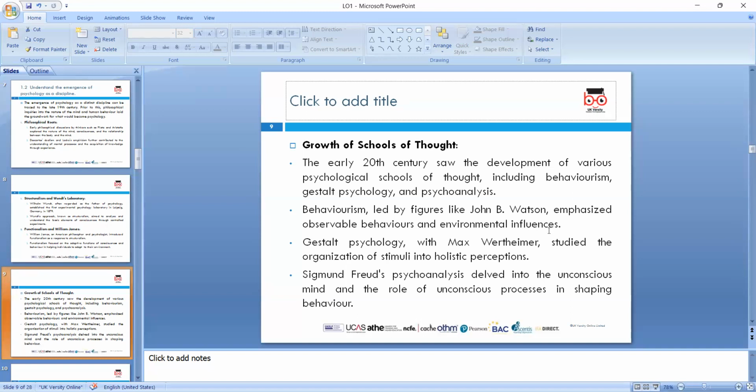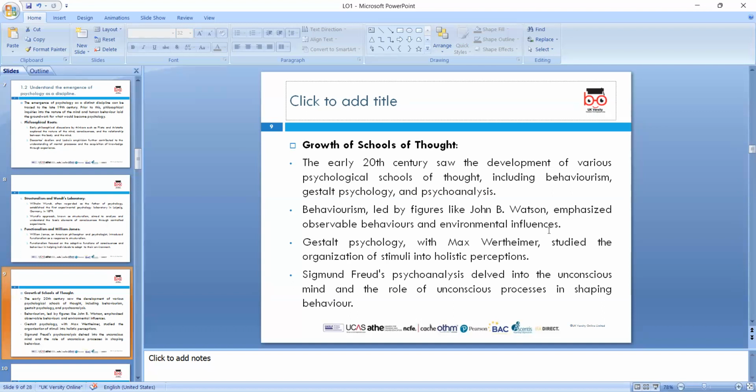Gestalt psychology, the study of the whole. Kafka, Wertheimer, Kohler, all Gestalt psychologists. Psychoanalysis was a term given by Sigmund Freud. Sigmund Freud's psychoanalysis delved into the unconscious mind and the role of unconscious processes in shaping human behavior.